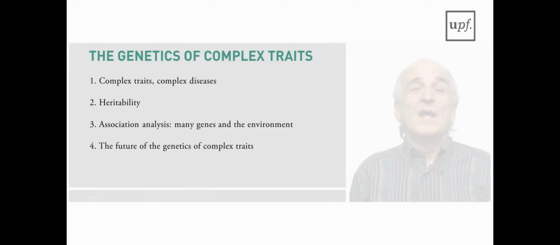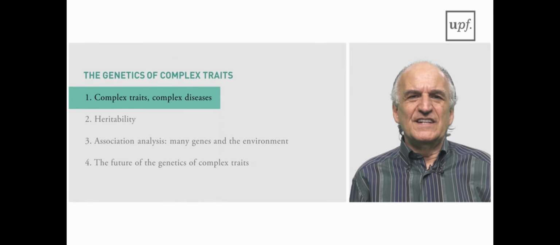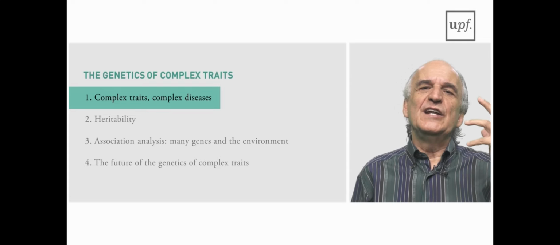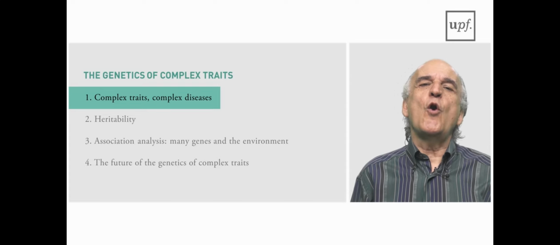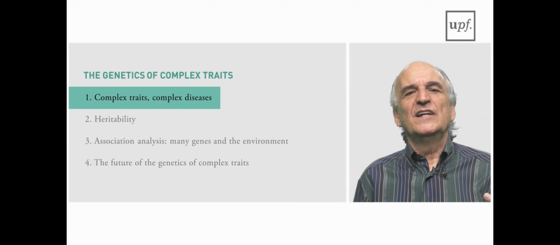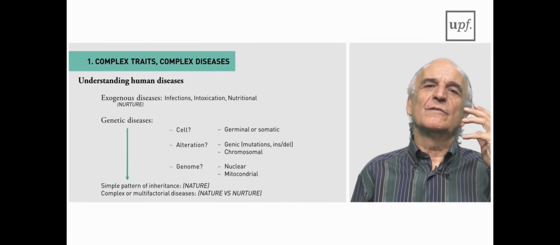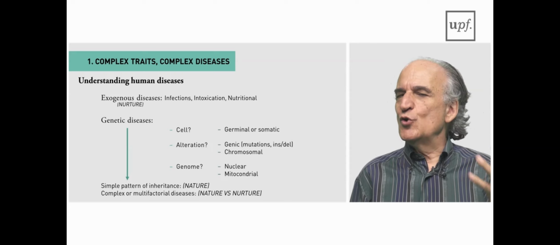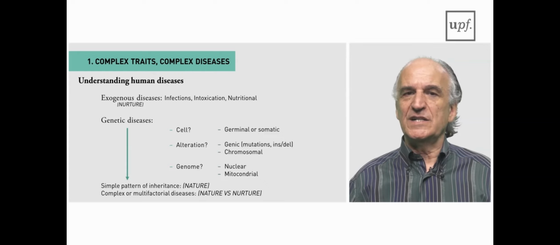and how this kind of work is going to be done in the future. When we try to understand genetic disease, we have to see that in many cases there are complex diseases that do not follow the rules of Mendel's law, that do not follow single ways of inheritance.